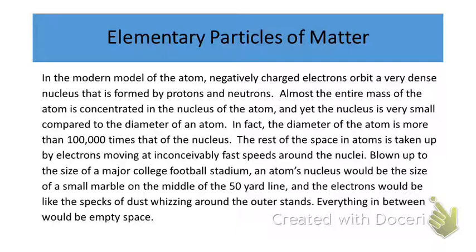So if we blow up the atom to roughly the size of a major college football stadium by today's standards, an atom's nucleus would be the size of a small marble on the middle of the 50-yard line, and the electrons would be like the specks of dust whizzing around the outer stands. Everything in between the electrons and the nucleus is essentially empty space.